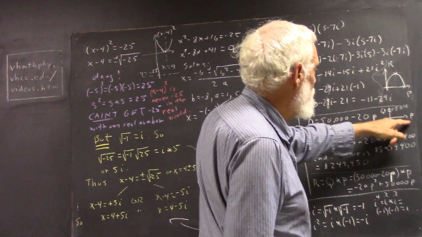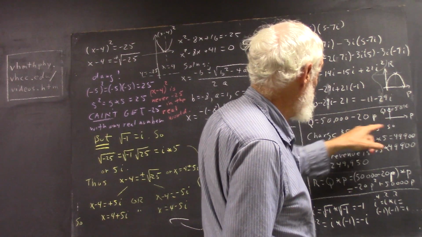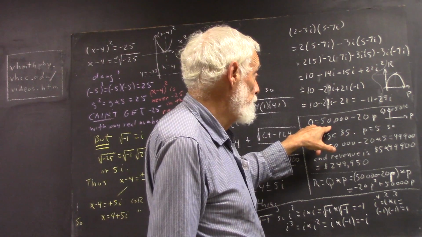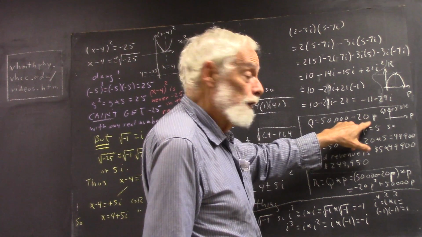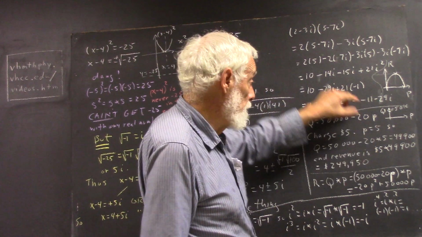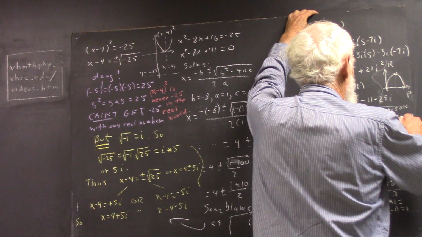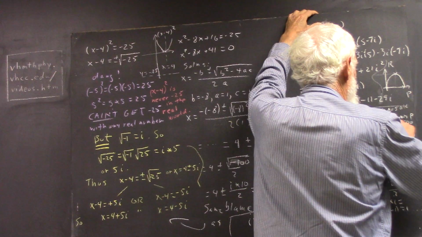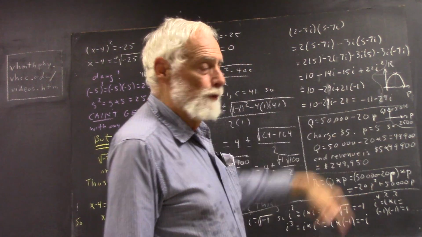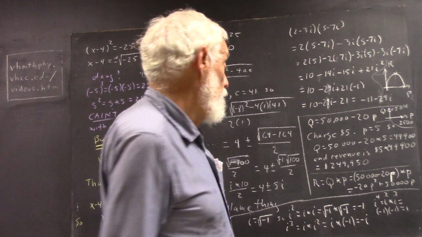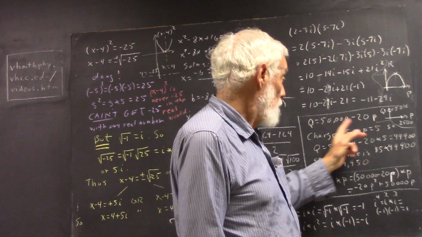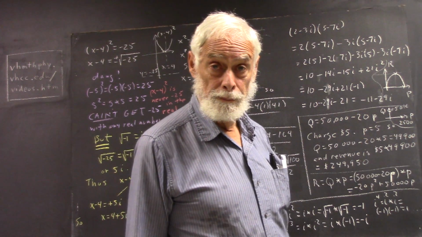When P is 0, Q is 50,000, because if you plug in 0 for P, you do get 50,000 for Q. Also, you can set this equal to 0 and easily solve it for P, and you get P equals 2,500. If P is interpreted as a price in dollars, then at the price of $2,500, this model says you sell none. Okay?